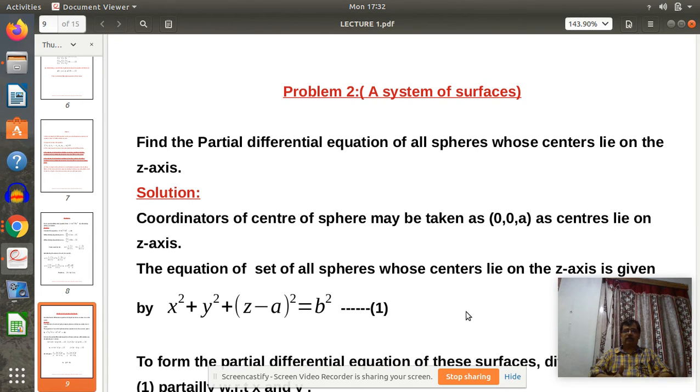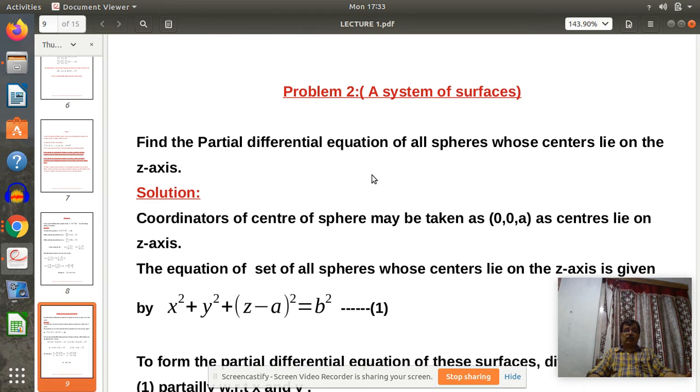The problem is: find the partial differential equation which suitably represents the given system of surfaces. For example: find the partial differential equation of all spheres whose centers lie on the z-axis. The approach is to identify the mathematical relation, identify the number of arbitrary constants or arbitrary functions involved in the equation, and eliminate them by applying partial differentiation. You will get the partial differential equation.